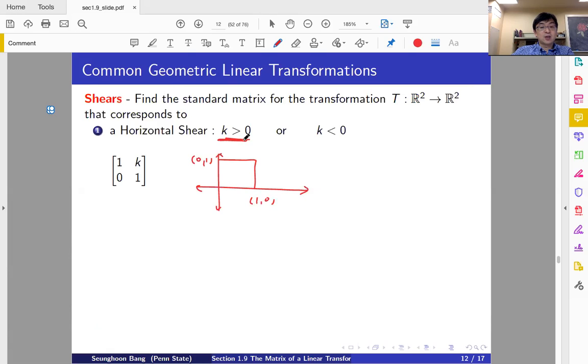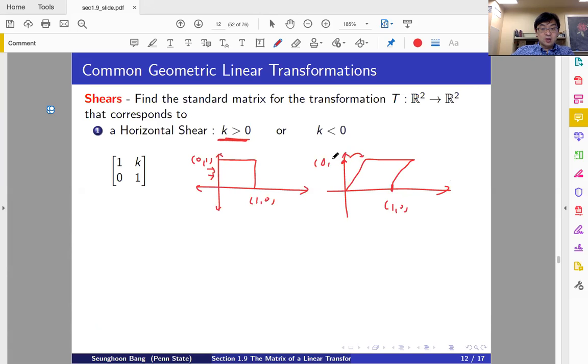What is horizontal shear when K is greater than 0? You have to push here. So what happens? This part doesn't change, (1, 0). You can move a little bit, like a parallelogram. This point is moved to here.